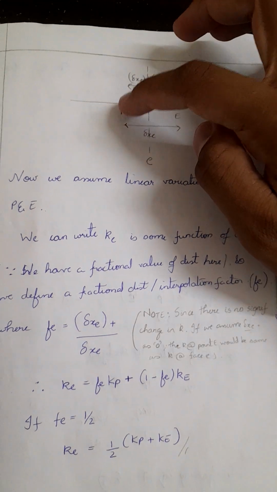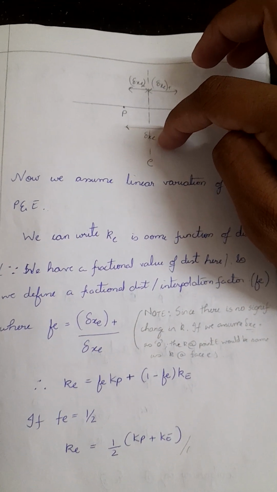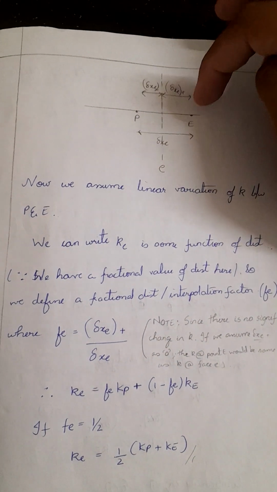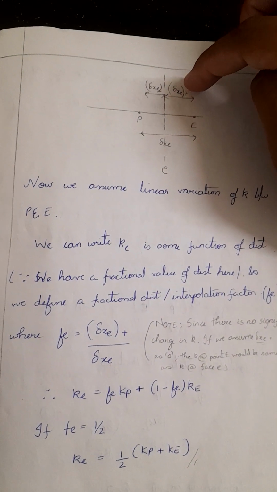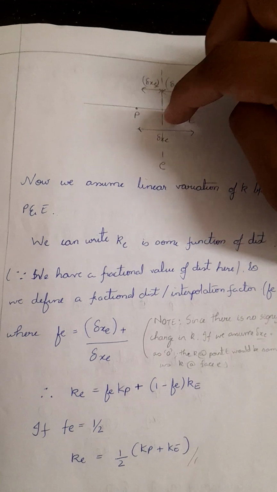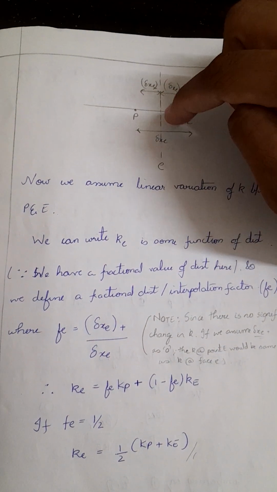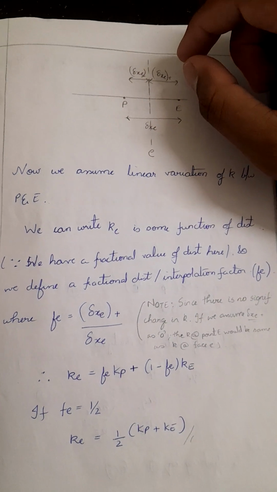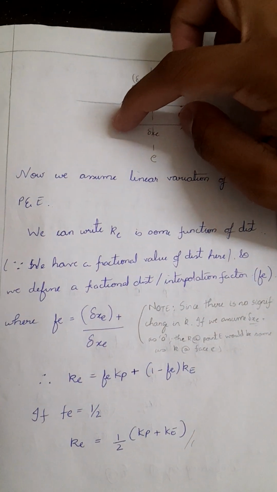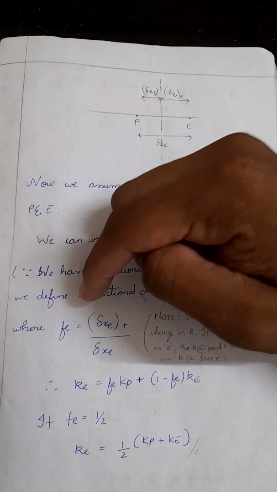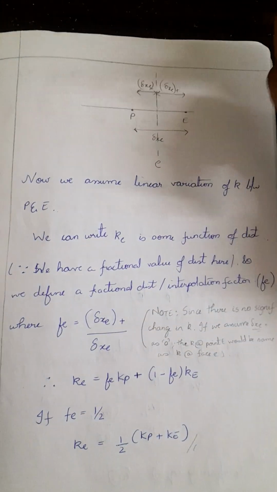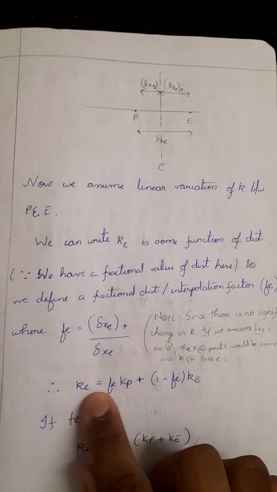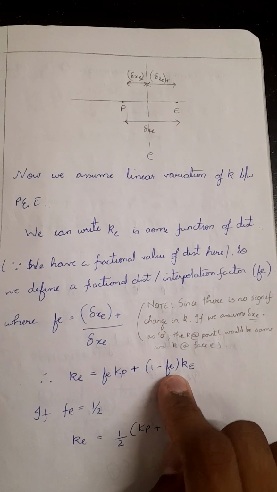Let's say the thickness between P and E is delta XE, the distance from the face e to the grid point E I would take as delta XE positive, and the distance from point P to this face I would take as delta XE negative. So the ratio of delta XE positive to the actual thickness is my interpolation factor. After theoretical calculations, they've established an equation where the thermal conductivity of a face is given by this formula.